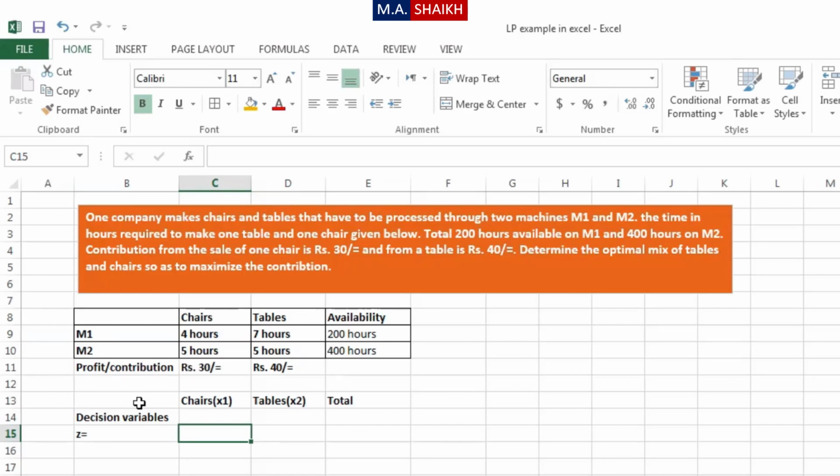After taking decision variables, we have to make the objective function. So how to make the objective function?